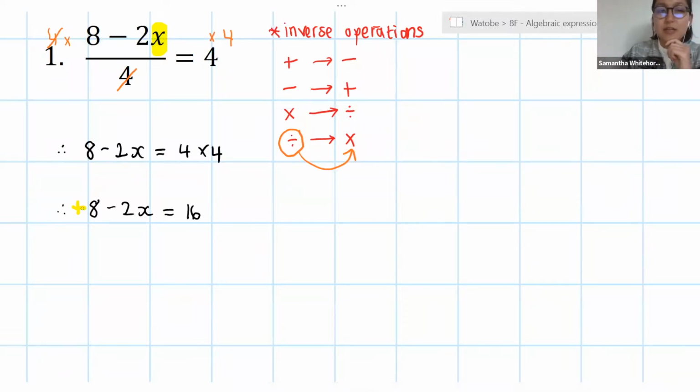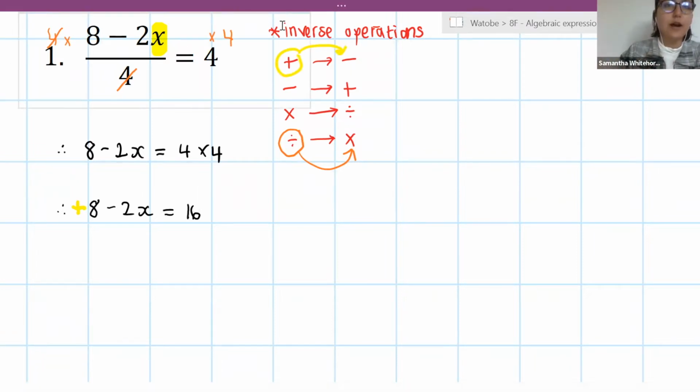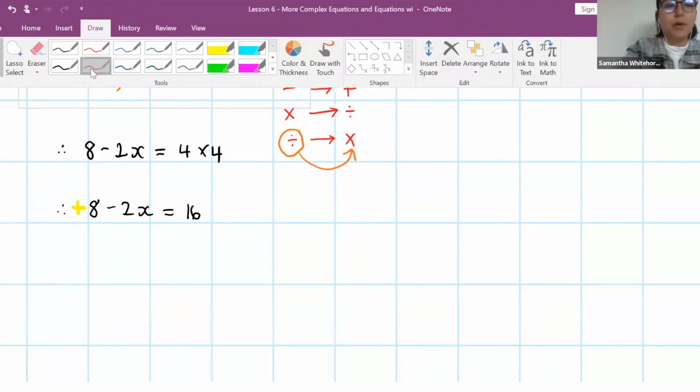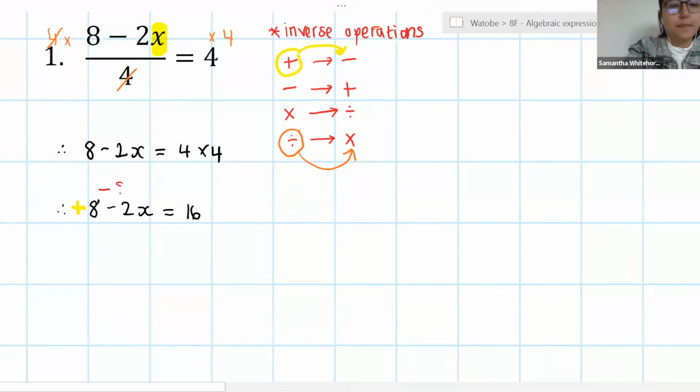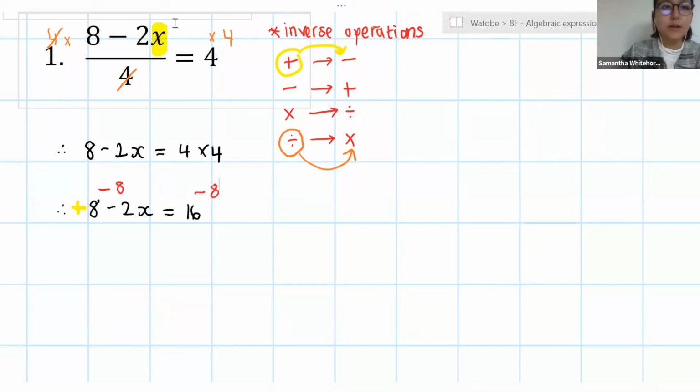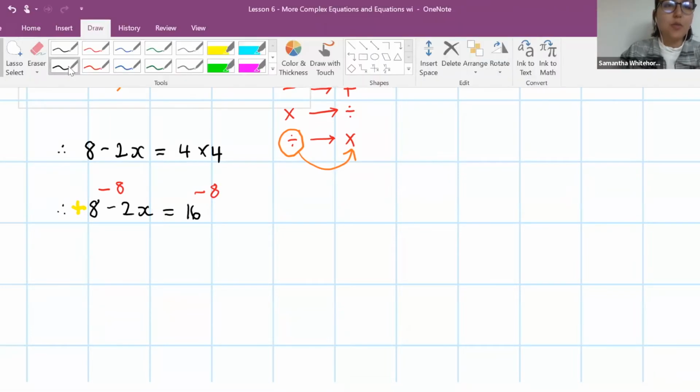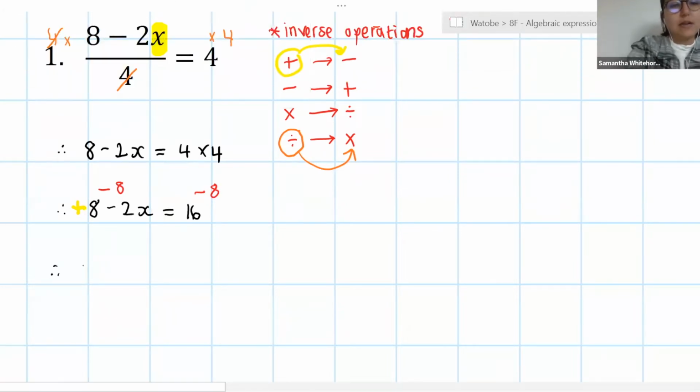So that's the first thing I want to deal with. If it was originally plus, I'm now going to minus. So I'm going to minus 8 on both sides of my equation. I'm just going to write it up here so that I remember to do it on both sides. If you want to write the step down as 8 - 2x = 16 - 8, that's absolutely fine.